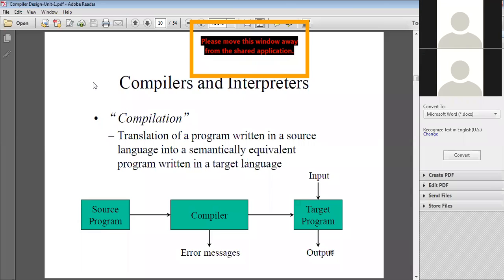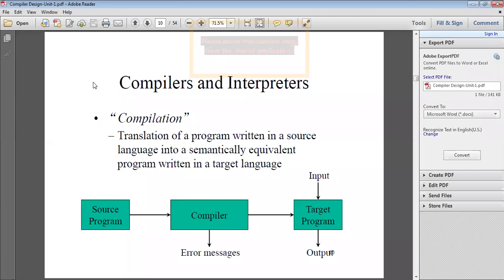And what is the role of the compiler? The compiler converts the high level language, that is the source program, into the target program. Another function of the compiler is to debug the program and find the error messages. And what is the target program?